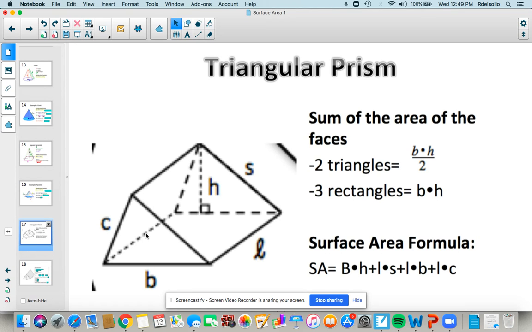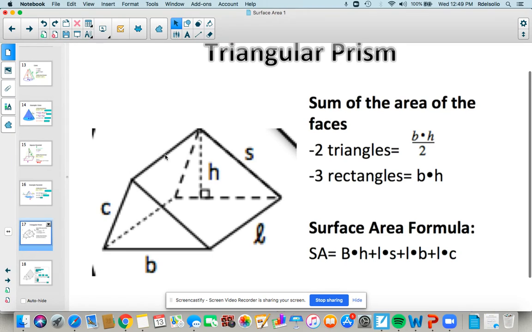And then the last figure I wanted to discuss is a triangular prism. It's made up of triangles and rectangles. So you could think of this two ways to find the surface area. You could take the sum of all the areas of the faces.